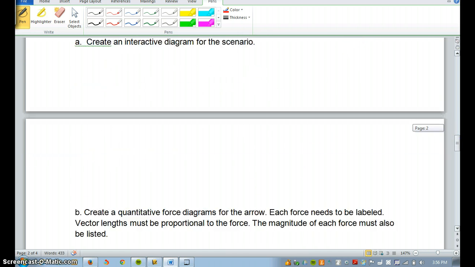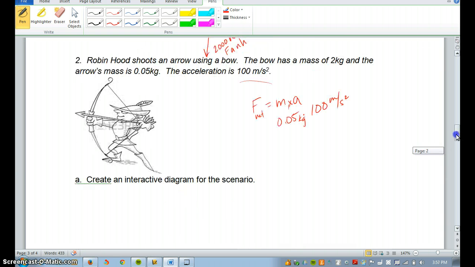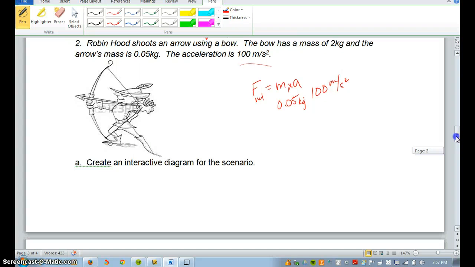And because of this, I know that my applied force for the arrow to the bow is going to be 5 newtons, because 0.05 times 100 equals 5 newtons.